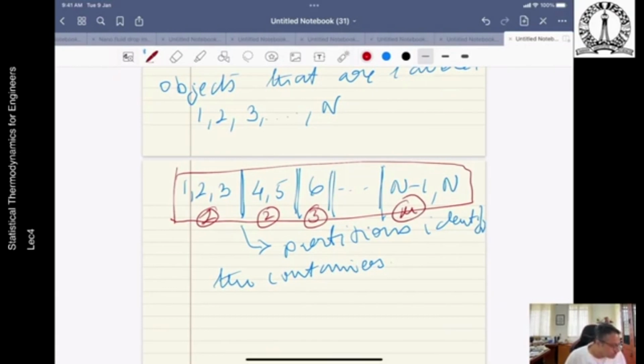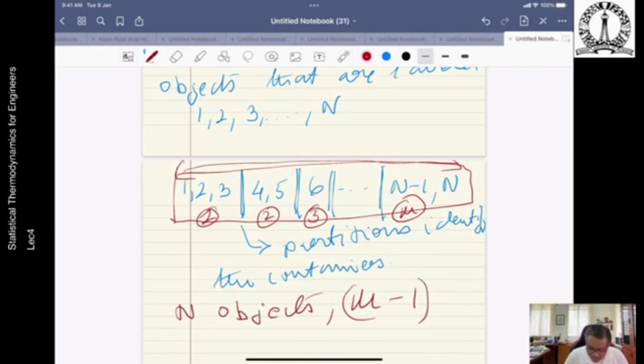So now, regardless of their actual arrangement, the maximum number of arrangements among n objects. So there are n objects, as you can see over here, and then there are m minus 1 partitions.